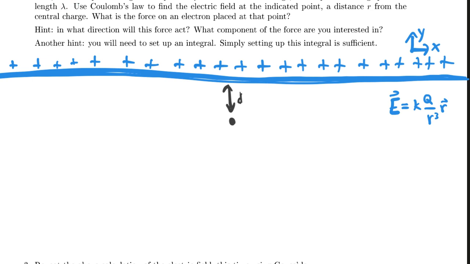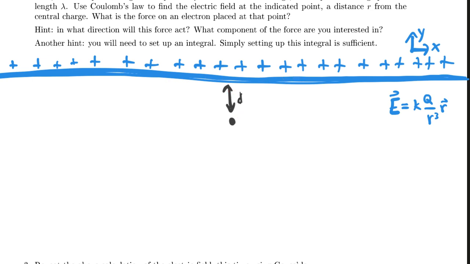And so we're being asked to use Coulomb's law to find the electric field at the point indicated. Again, we have this point that's a distance d down from, we had 3 charges before, but now we have a line of charge.